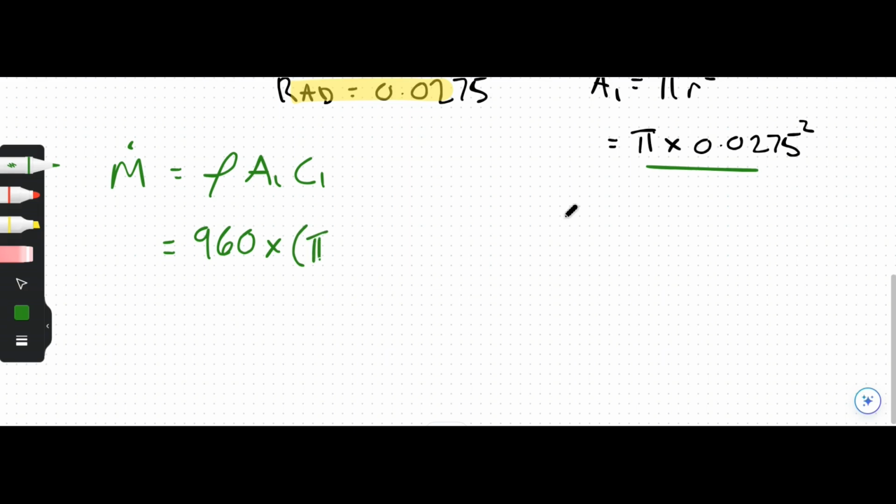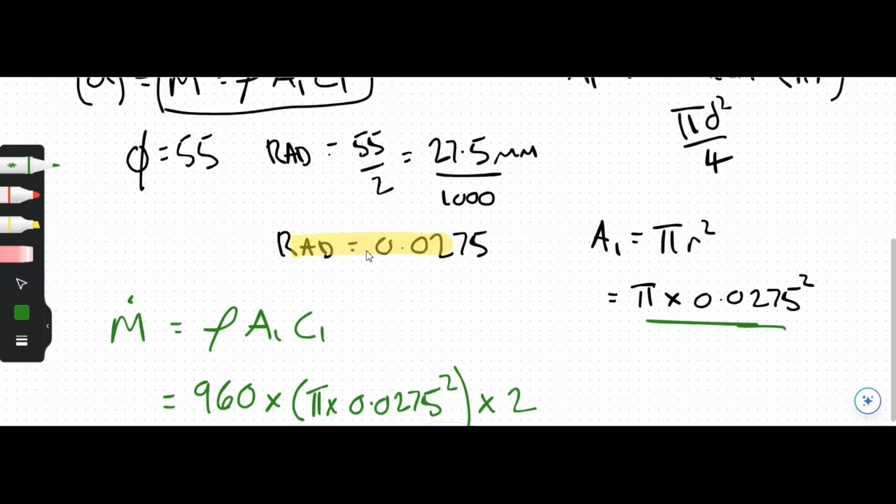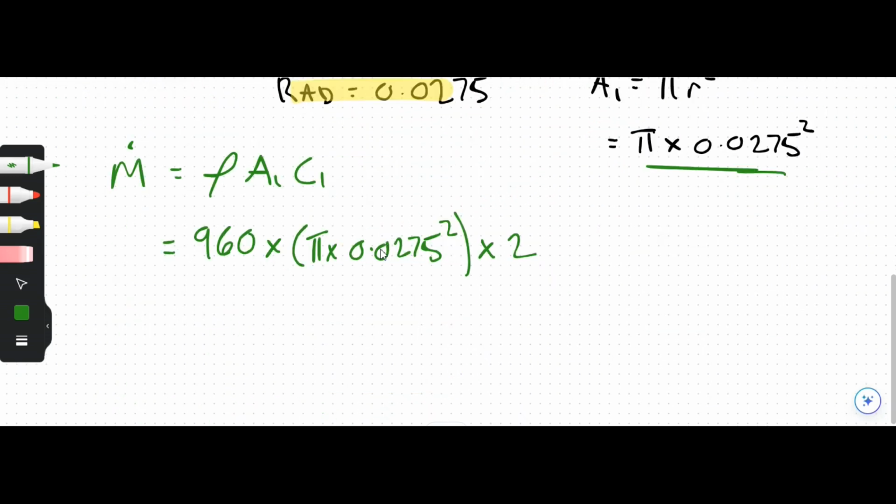Let's put a bracket around it so your calculator doesn't give you a funny number or syntax error. Pi r squared, that number there, times the speed coming in, which is 2. So times that all together, and that will give you the mass flow rate, which will be part A done.